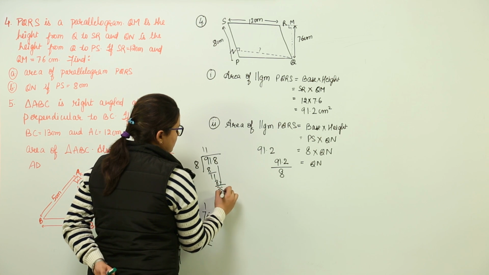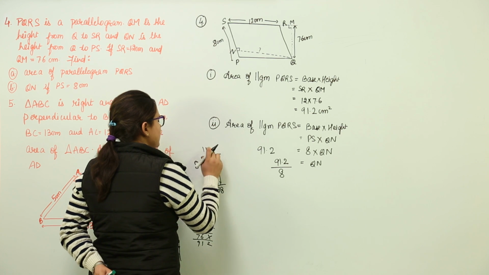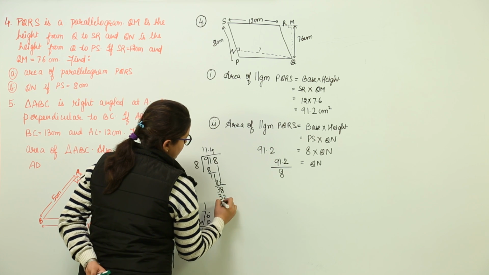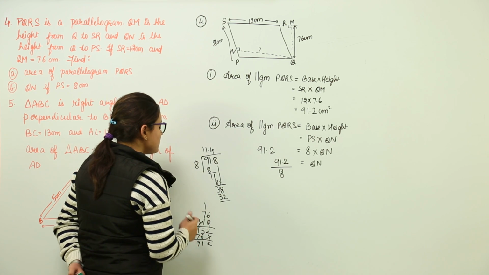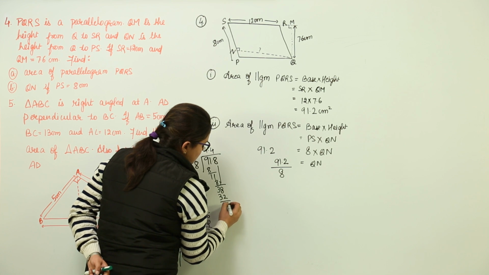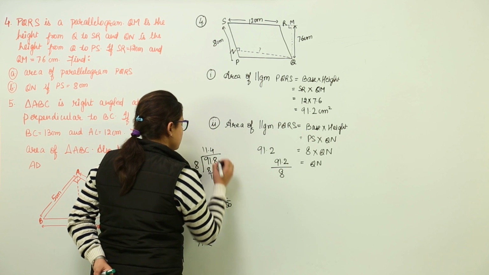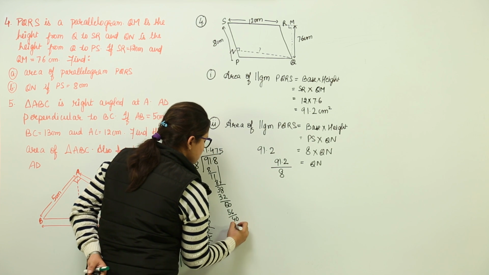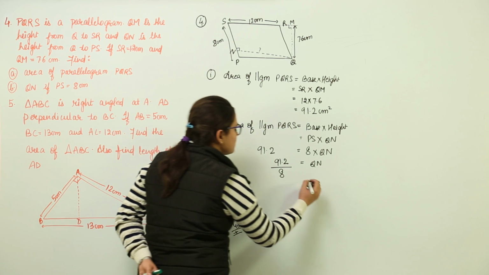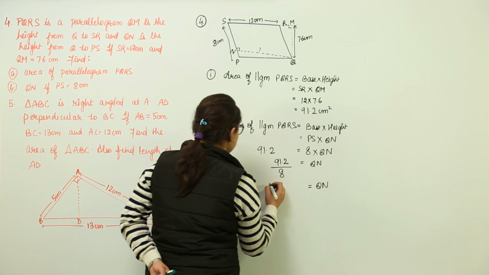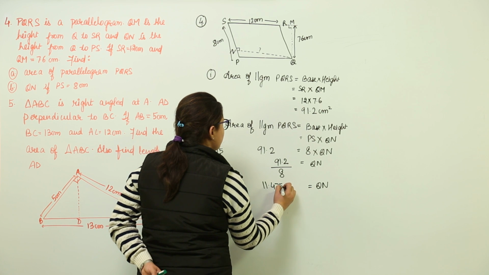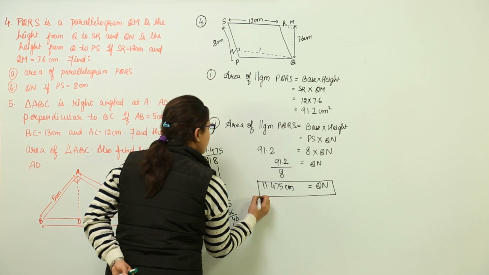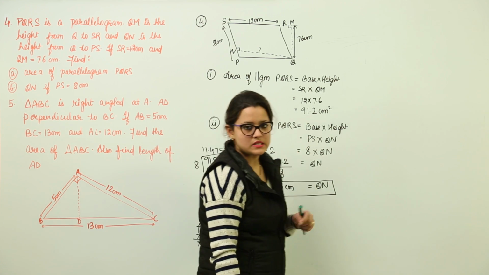Then you add the next digit and add a decimal over here. 8 fours as 32. 8 fives will become 40, that will be greater than this. So it will continue like this. Here we get 6 and so on. 8 sevens as 56, and you get 8 fives as 40. So that means the value of QN is going to be 11.475 centimeters. This is the height for the respective base PS.